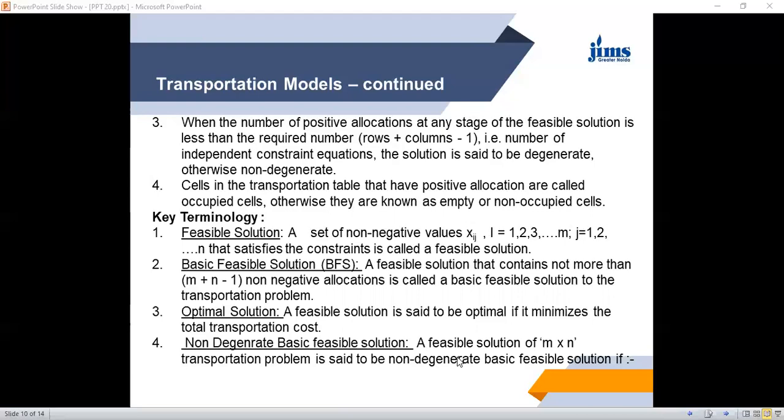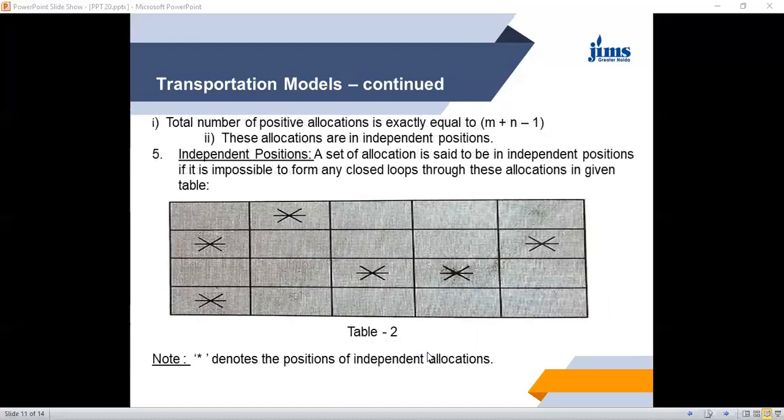And a feasible solution of an m into n transportation matrix is said to be a non-degenerate basic feasible solution if the total number of positive allocations is exactly equal to m plus n minus 1 and these allocations are in independent positions. This is also another very important characteristic. You have understood that the number of allocations, the number of occupied cells, should be equal to m plus n minus 1.